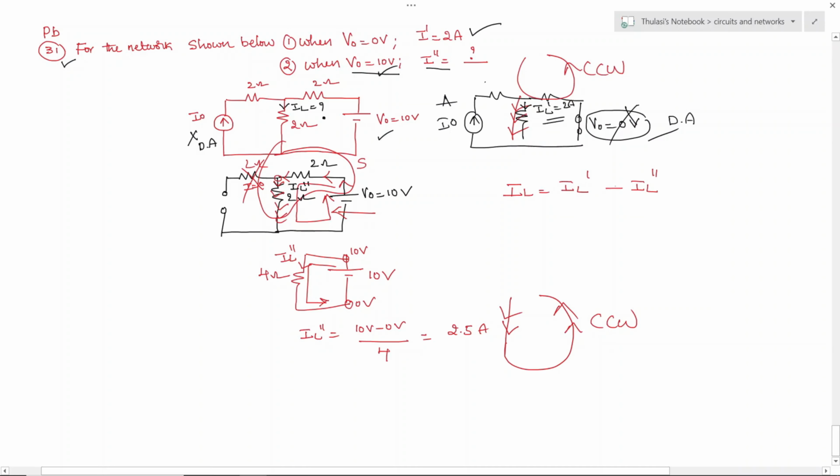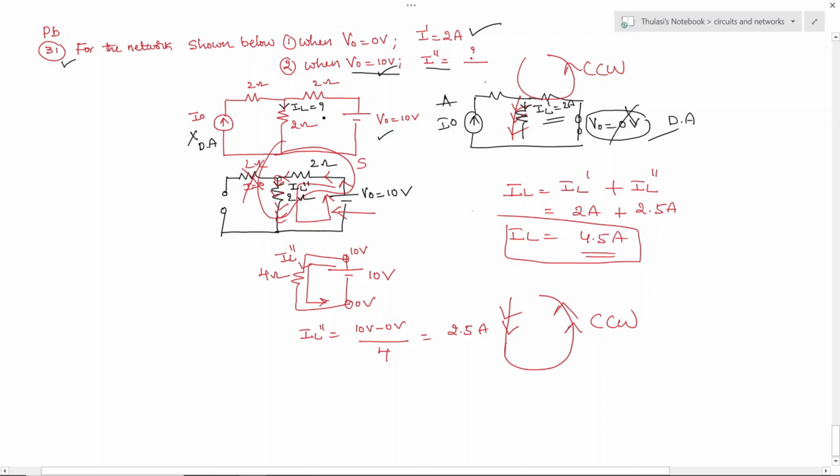So both are in the same counter clockwise direction, then you're going to get the sum. The initial current IL dash given in the problem is 2 ampere, and what we have calculated is 2.5 ampere, which gives 4.5 ampere. This is the total current IL flowing in the circuit.